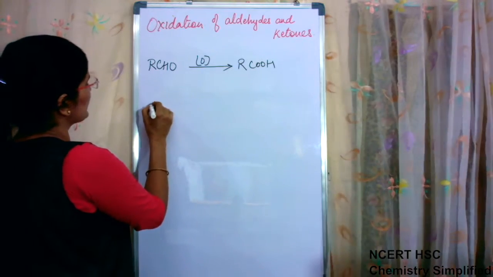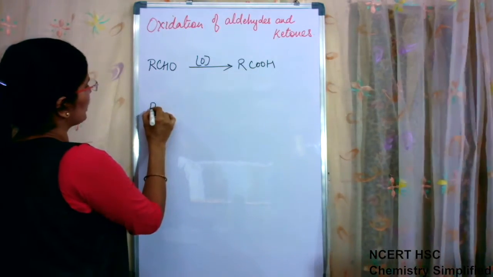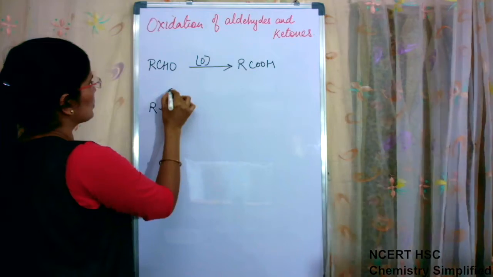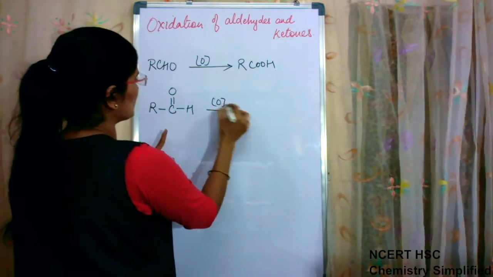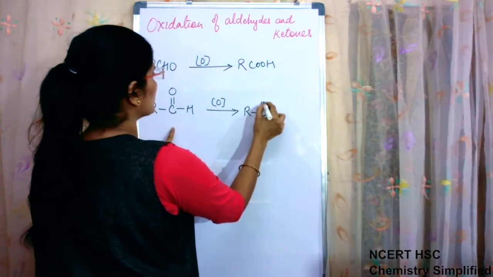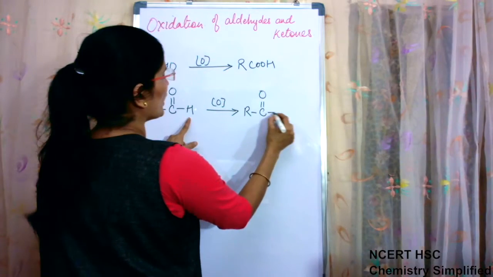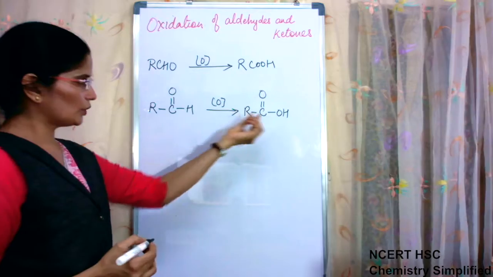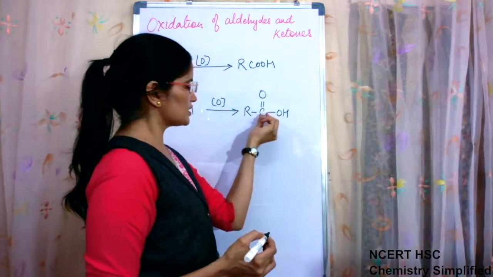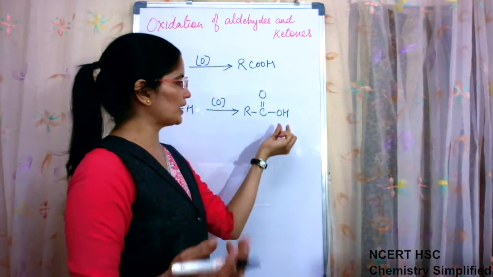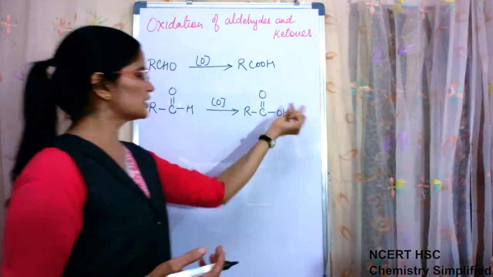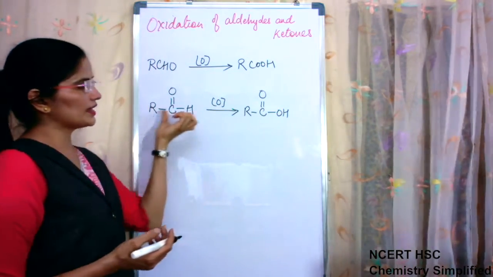Because in case of aldehydes, if we see the structure, R, C, double bond O and H is there, and on oxidation what is happening? R, C, double bond O and one O and H. O is introduced between C and H.